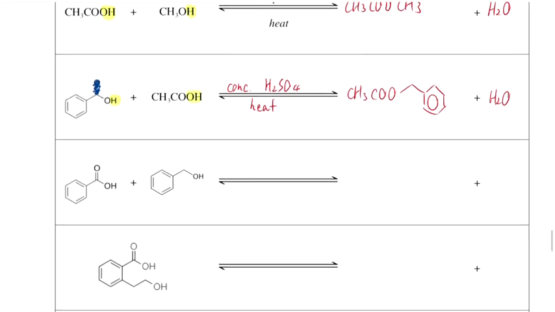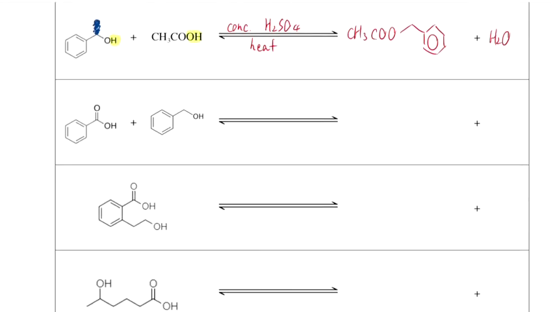And then the next example we have here. We have this benzoic acid together with the alcohol here. Again, let's highlight the water we're going to remove. We're going to remove the OH group from the acid and then the hydrogen from the alcohol. Let's combine the rest of the part.